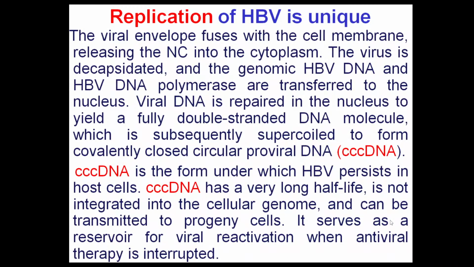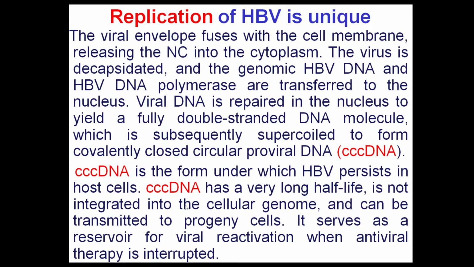And then usually this cccDNA is formed, under which hepatitis B virus persists in the host cell. And in the form of supercoiled, covalently closed circular DNA molecules, it is not reachable for all factors of immunity.